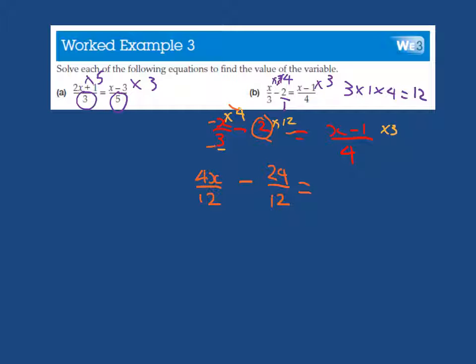And in my last one, I'm going to multiply by 3, so I'm going to have 3x minus 3 over 12. And the same deal, multiply this side by 12 times 12. And on the next line, I get rid of the fractions. That's the same as the ones I did on the previous slide.